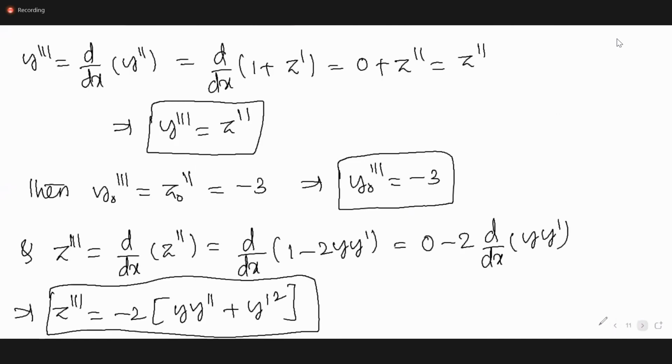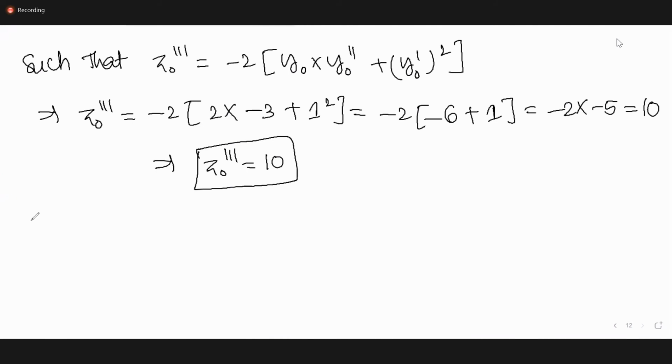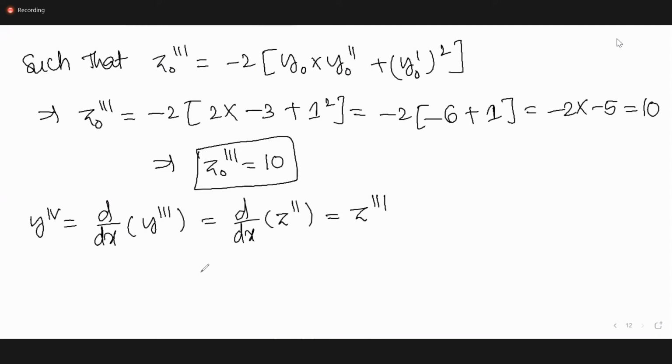Next, last one, fourth derivative. y fourth derivative is equal to d by dx of y third derivative. So d by dx of, what is y third derivative? z double dash, that is z triple dash.